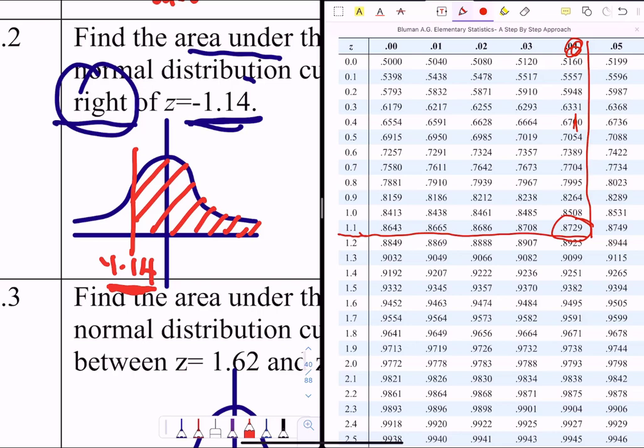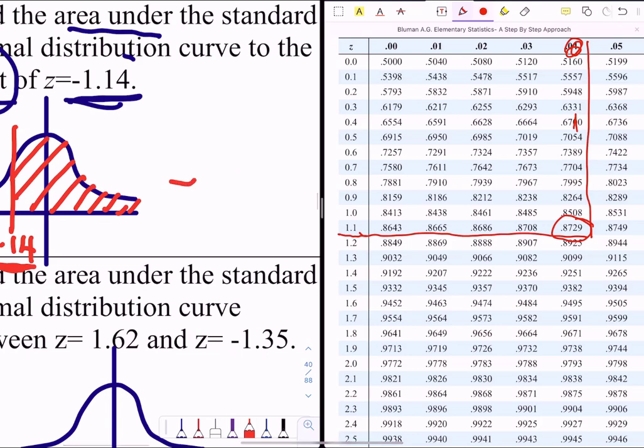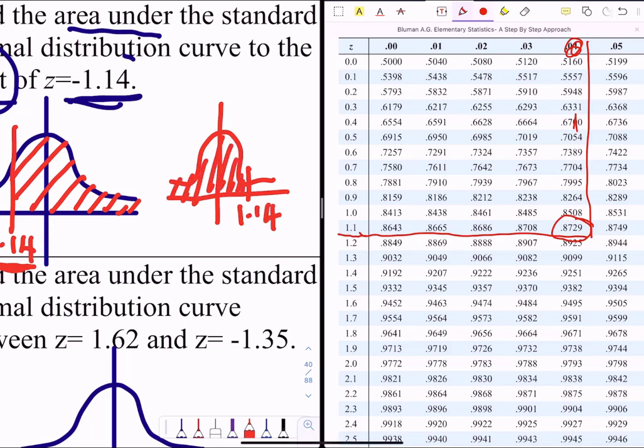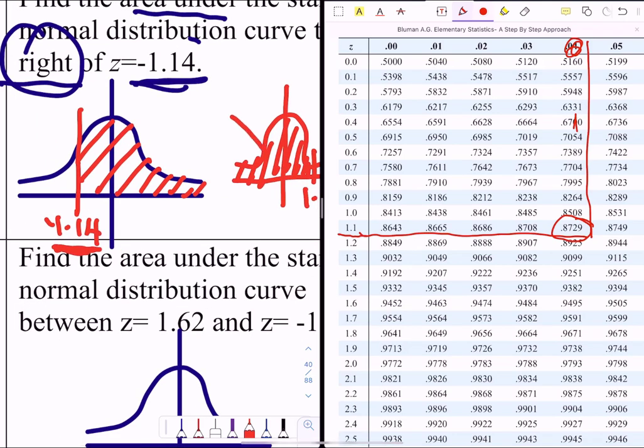Bila kita go directly 1.14, graf dia sepatutnya dekat sini, area dia adalah sebelah sini. Tapi sebenarnya sama je. Kedua-dua ni area is similar. Dia tetap 0.8729.